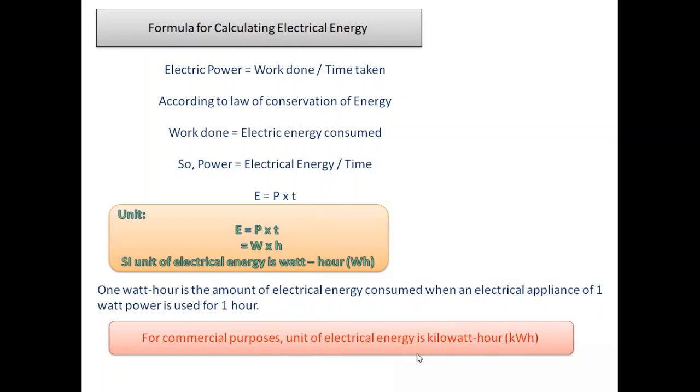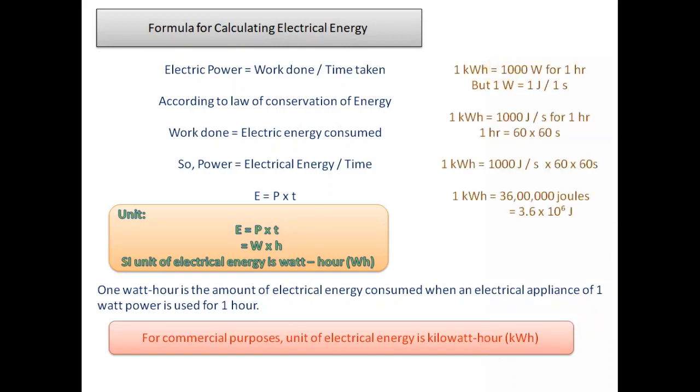Now let's see the relation between the kilowatt hour and the joule, that is, how many joules make 1 kilowatt hour. 1 kilowatt hour means the amount of energy consumed at the rate of 1 kilowatt for 1 hour. I am writing 1000 watts for 1 kilowatt.